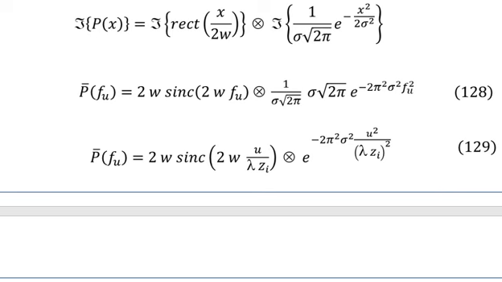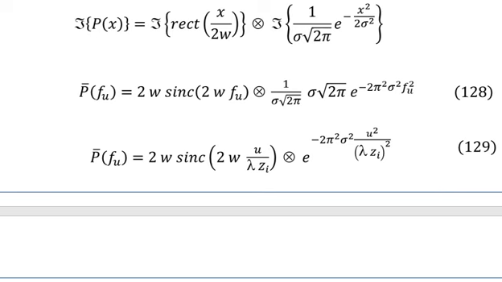You know that fu is the Fourier frequency. It is related with the spatial coordinate u through the relation that fu is equal to u over lambda zi, which we have done in equation number 129. And similarly in the exponent we have also changed fu square by u square over lambda zi whole square.